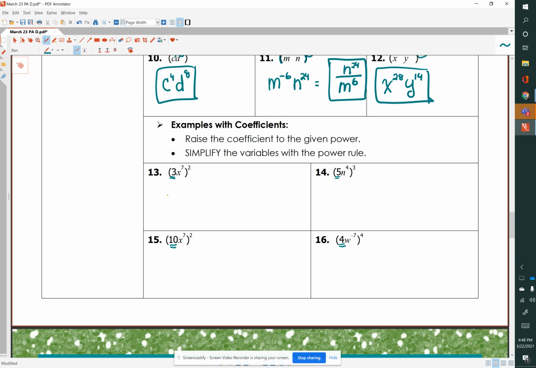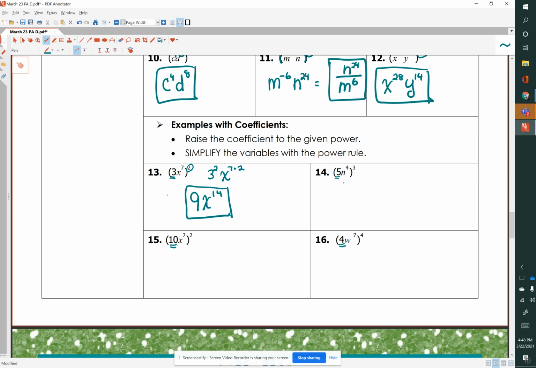So 3 with an exponent of 2. We can think of it this way: 3 with an exponent of 2, x with an exponent of 7 times 2. So 3 with an exponent of 2 is 3 times 3, which is 9. And then we have x, 7 times 2, 14.